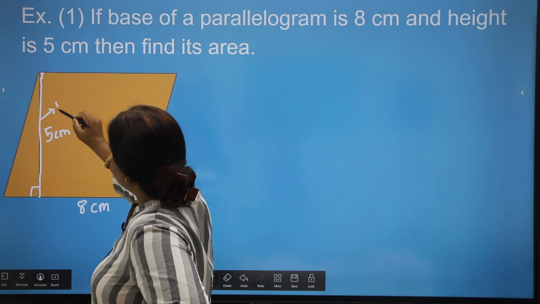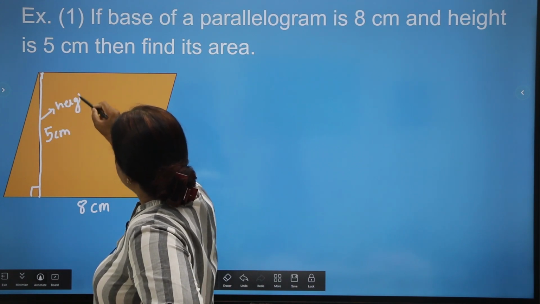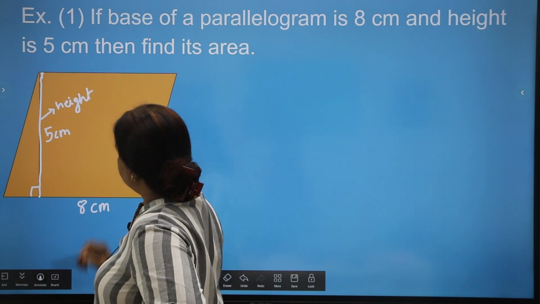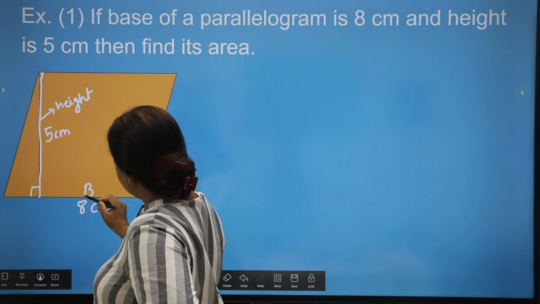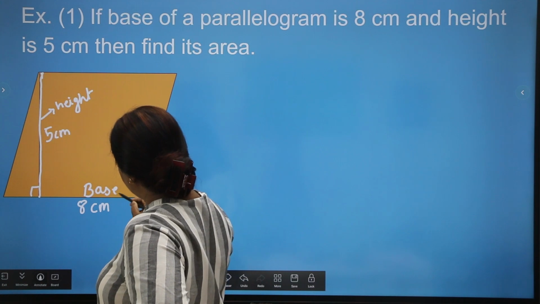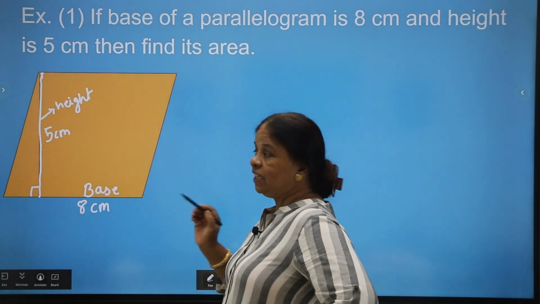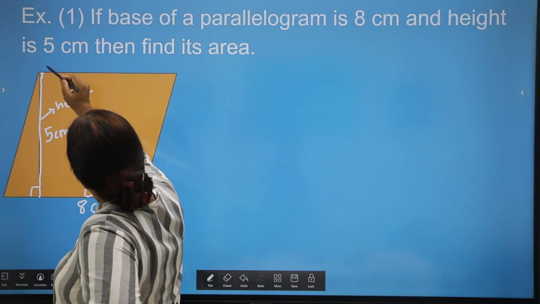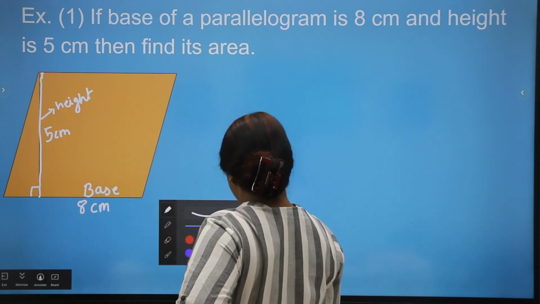So height is, let me write here, children, height is 5 centimeter and the base is 8 centimeter of this parallelogram. Let me label this parallelogram. Let us use a different color.